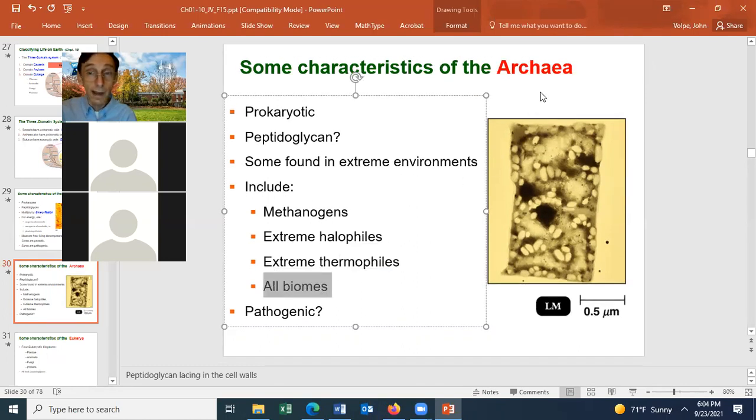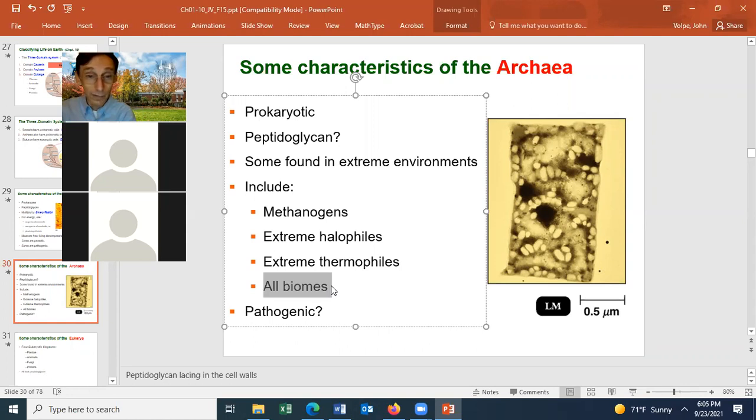In fact, when we look at the microbes in the soil and in the ocean, the plankton, the archaea are a significant portion of those microbes in the soil and in the plankton.